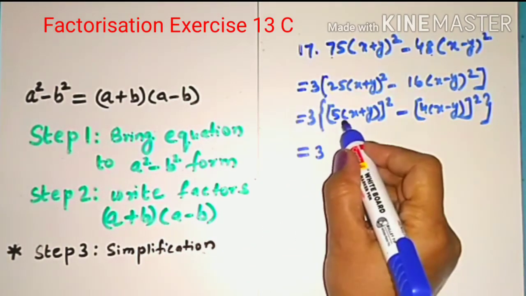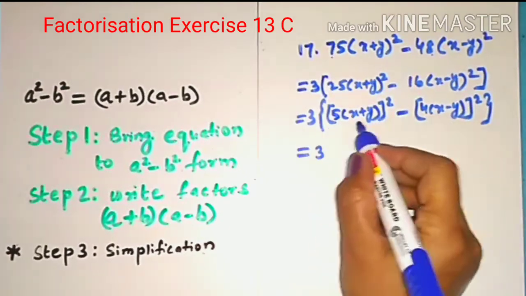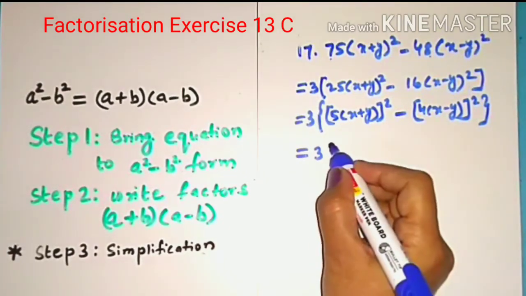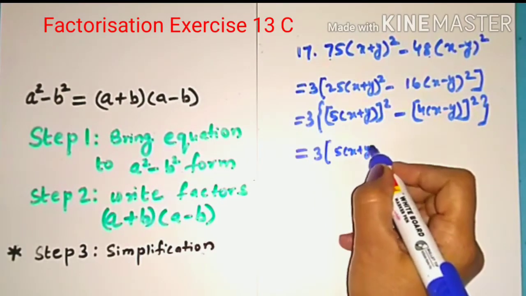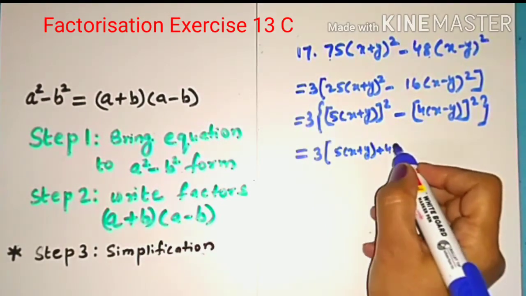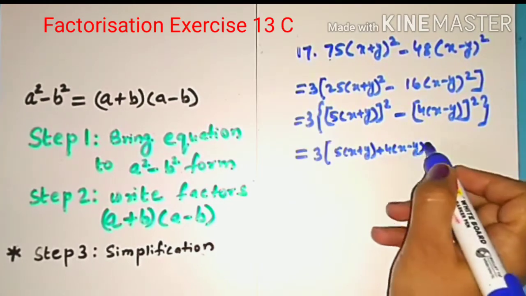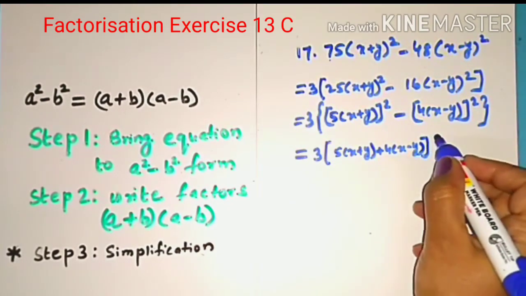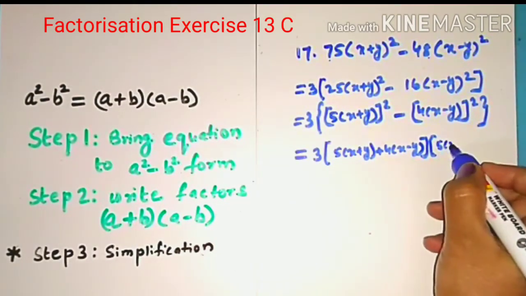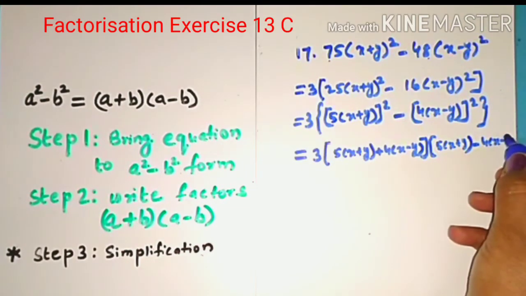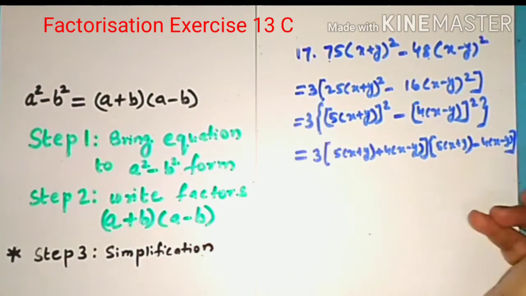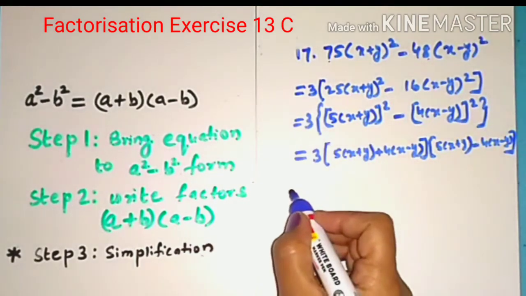Now we will write factors for this, a plus b and a minus b. So we have (5x plus y plus 4x minus y), this is our a plus b, and (5x plus y minus 4x minus y), this is our a minus b.